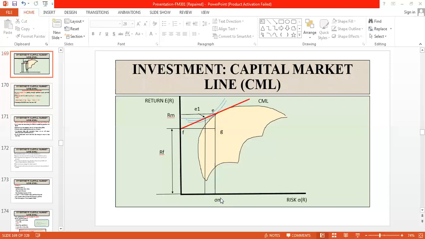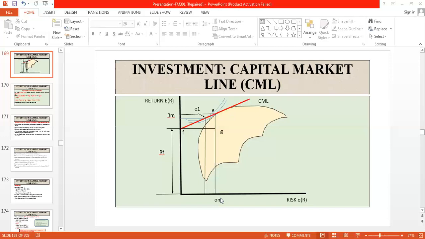Now the question is, a person can move to any point on this line FE, or CML line.